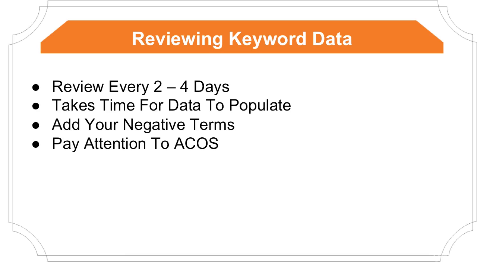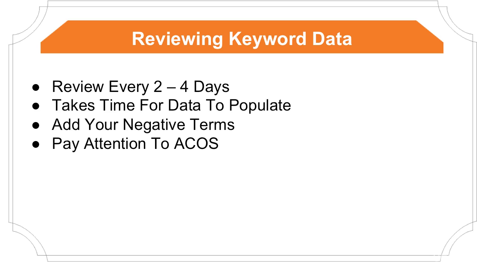As it relates to reviewing your keyword data, this is typically why I tell folks you want to review the data every 2 to 4 days. If you want to do it every 2 days, that's fine. Amazon pulls in the data so that you can do that. But sometimes it does take them a little bit of time to pull in all the data. Because you may have gotten the same sale the same day, Amazon may not pull that sale data in until the next day or 2 days later.